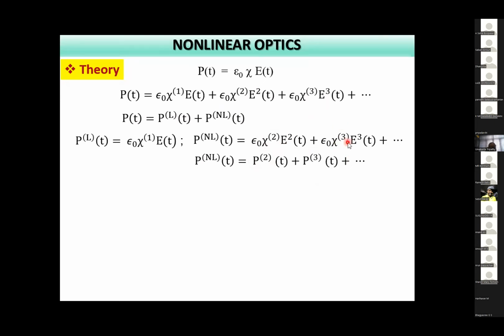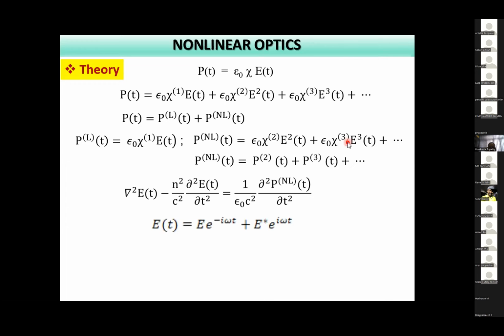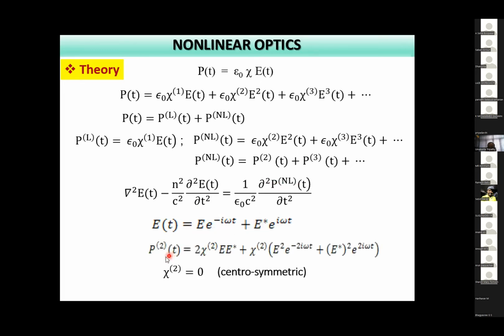If I use Maxwell's equation to derive a wave equation for the electromagnetic wave propagating in a nonlinear medium, I will have this nonlinear polarization term. By considering an electric field expression and using it in this equation, you can get the second order polarization term, where you can easily see a static electric field term and also a 2 omega term.